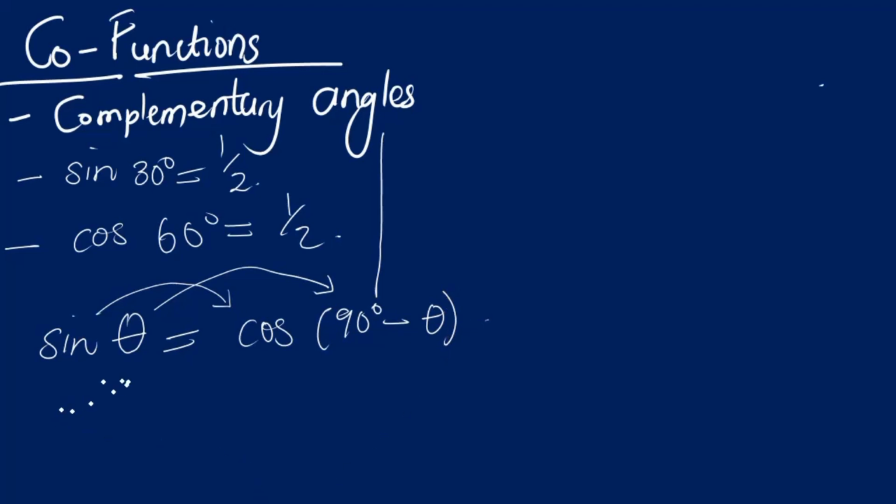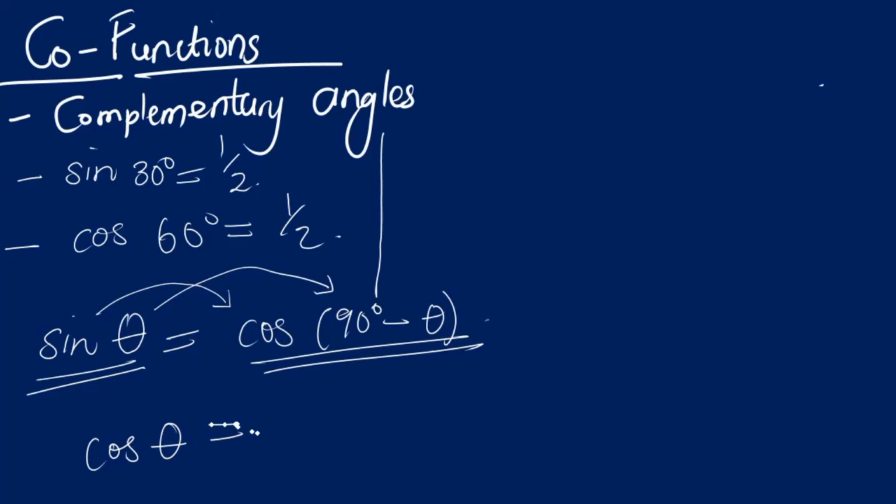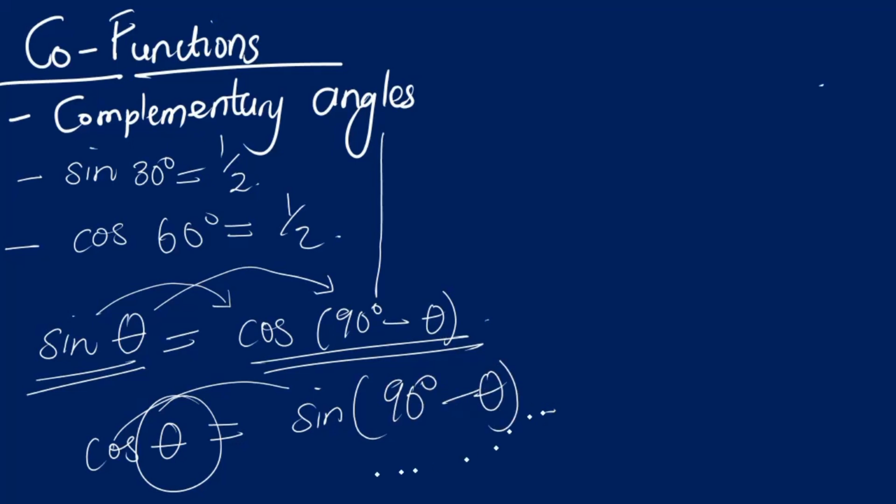You see that? So if I have a sine, its complement is going to be this one. If I have a cosine of theta, its complement is going to be the sine of an angle that I can add onto theta to get to 90. So it's 90 degrees minus theta. So this and this are the same.